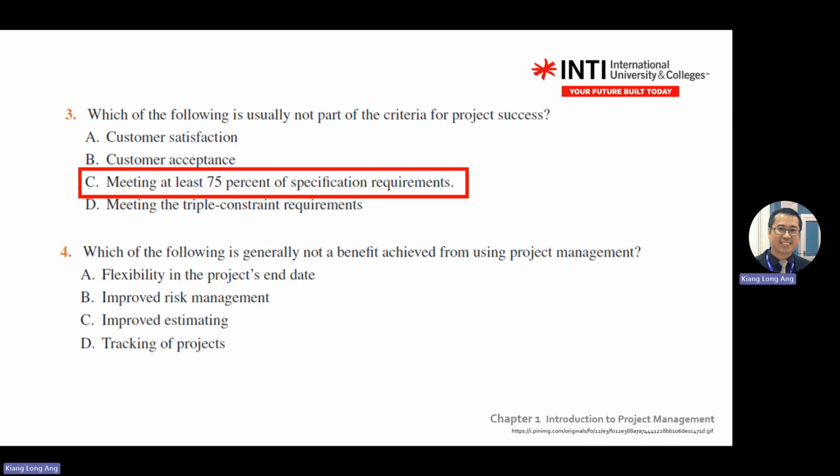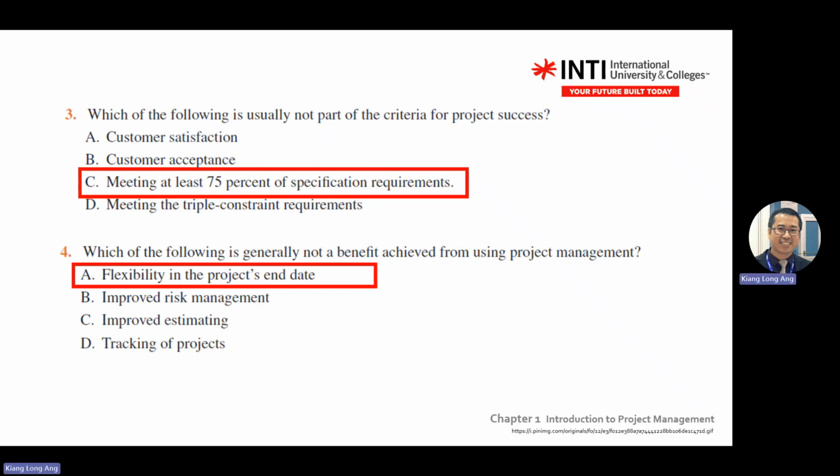Which of the following is generally not a benefit achieved by using project management? Which one is not? A. Okay.